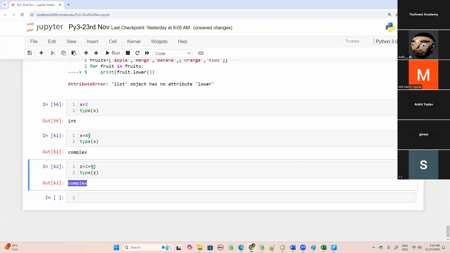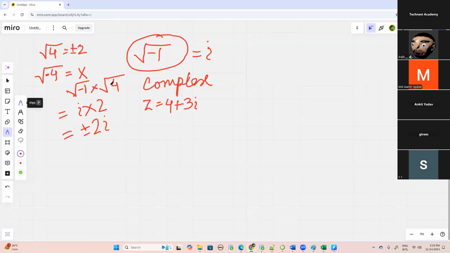If I teach you this directly in Python, you will get confused about what this j is. This j is the same as the i I covered here. In mathematics it is known as i, in Python it is known as j, but the definition is the same. It means root of -1.